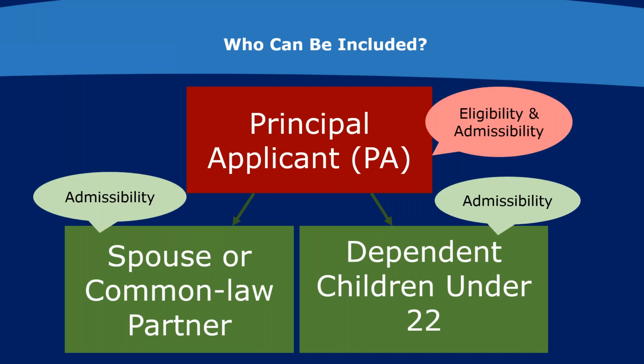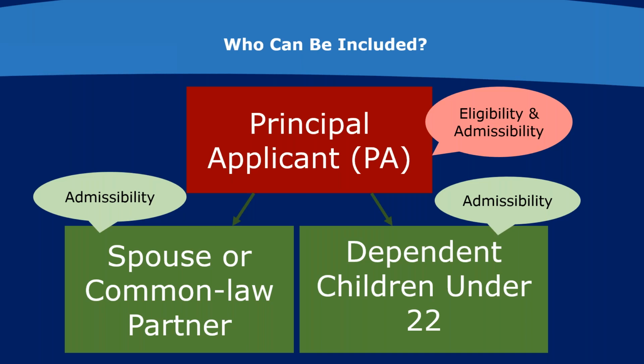Only the principal applicant's eligibility and admissibility are assessed. So we talked about the eligibility and admissibility requirements in the previous webinar in this series, but it's only the principal applicant that needs to be outside their country of origin, only the principal applicant, if they're being sponsored by a group of 5 or a community sponsor, has to have the refugee status document, only the principal applicant has to demonstrate that they do not have a durable solution available to them.